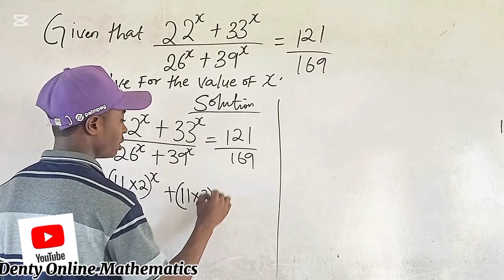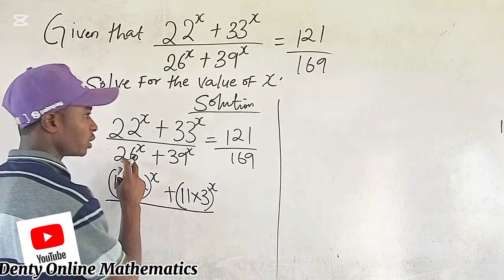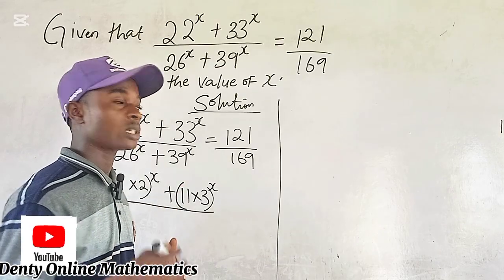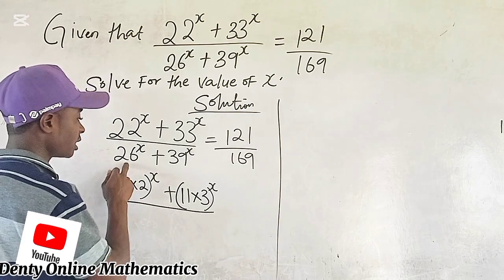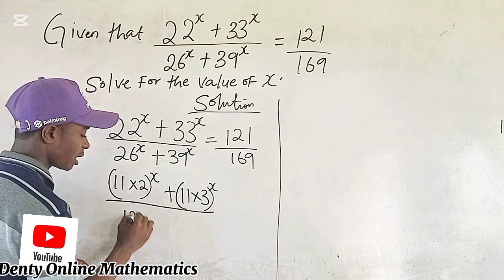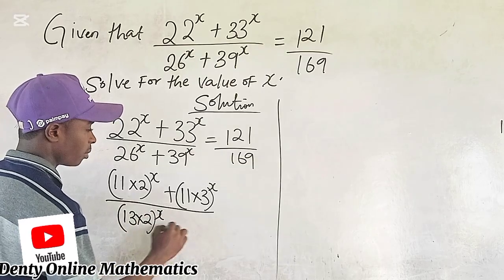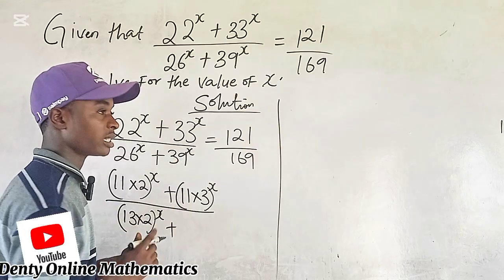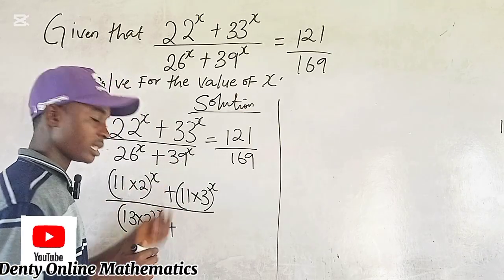That is raised to the power of x, all divided by 26, which can be expressed as 13 times 2. 13 times 2 will give us 26. So that will be 13 times 2, all raised to the power of x, plus 39, which can also be expressed as 13 times 3, because 13 times 3 is 39.